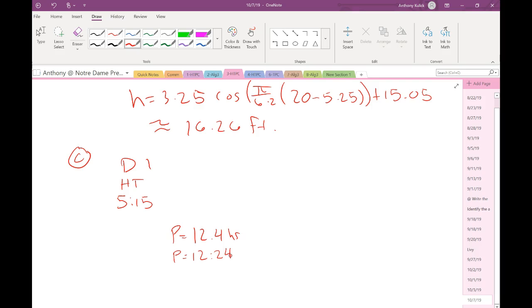Everybody's okay with that? So my next high tide would occur at 5:39 p.m., but that's still on day 1, correct? Everybody agree with that?